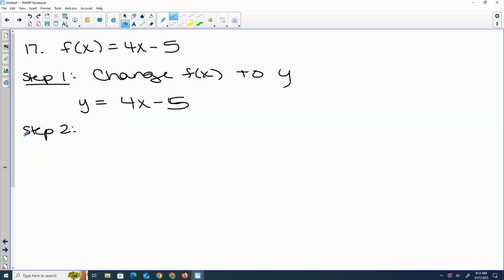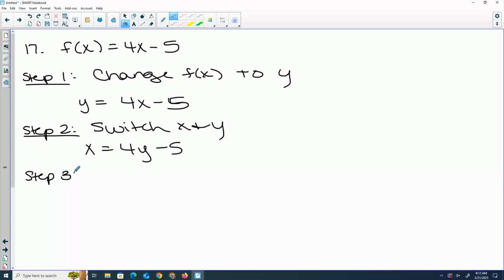Step 2, switch x and y. So if I do that, I get x equals 4y minus 5, because that's what an inverse does. It flips x and y. Step 3, we're trying to find the equation, so we need to solve for y.